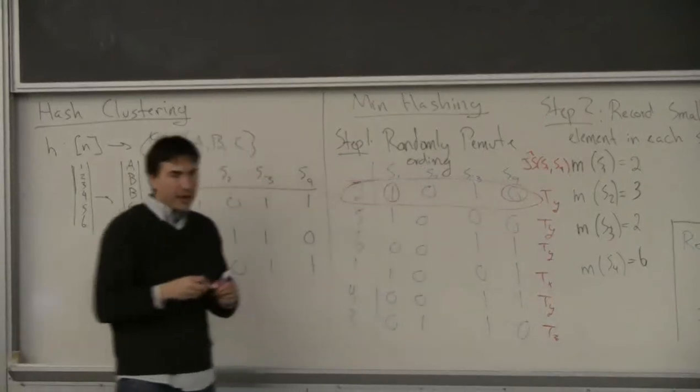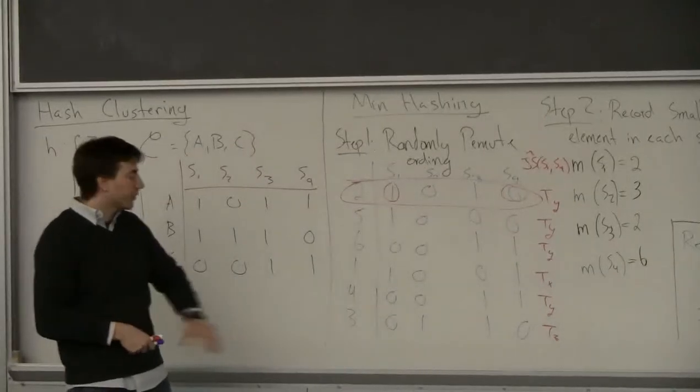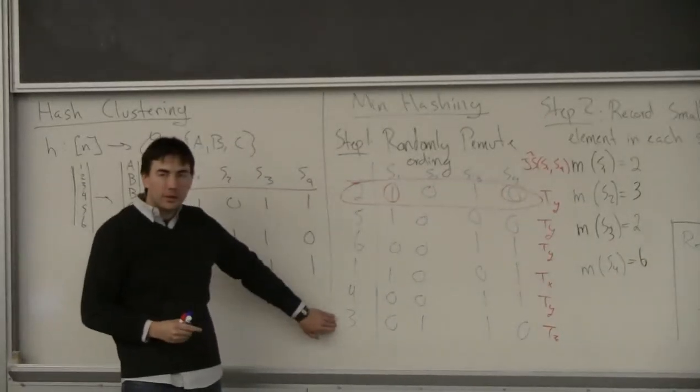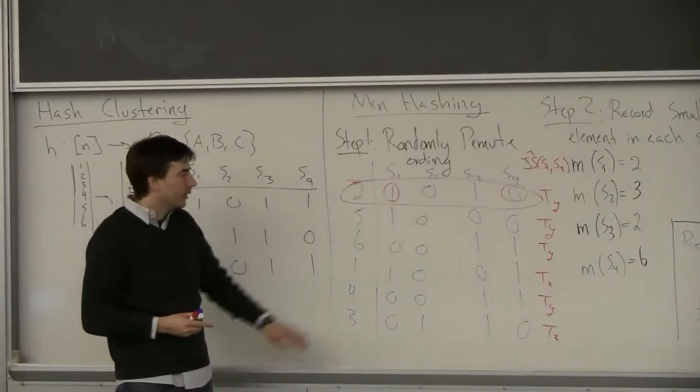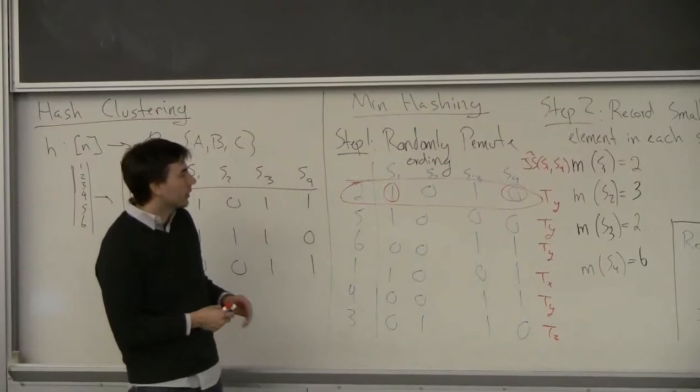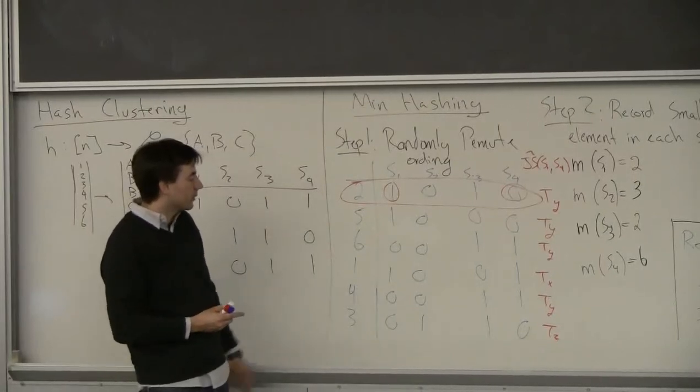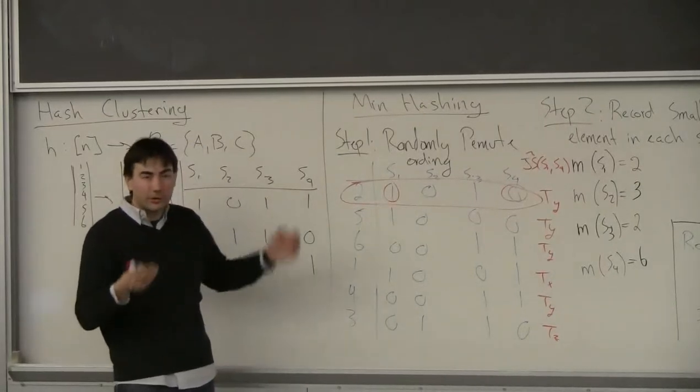In general, in most of these cases, most of the rows will be type Z, so we can completely ignore these rows, it turns out.